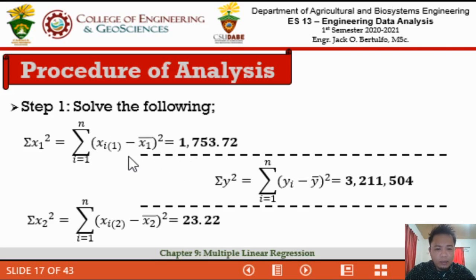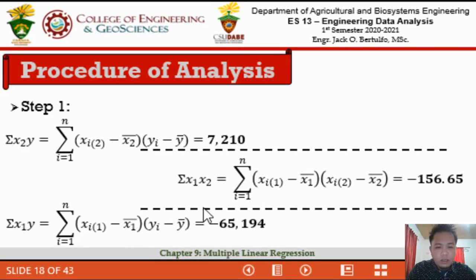There are only 8 but I think a calculator cannot handle it. So I just solved the 6 that are needed. So we have the corrected sum of squares for x1, y, and x2, then the corrected sum of squares for the cross products x2 and y, x1 and x2, and then x1 and y. So we have this data.